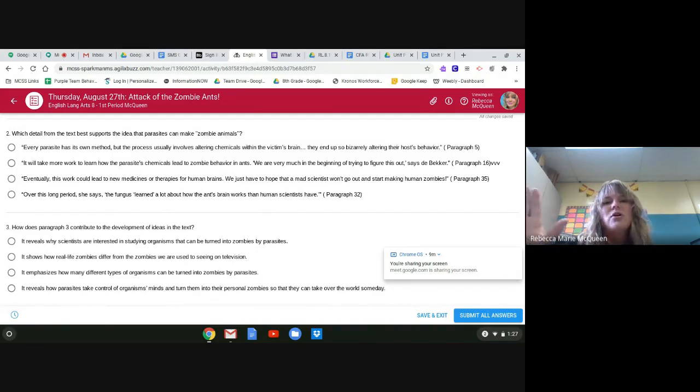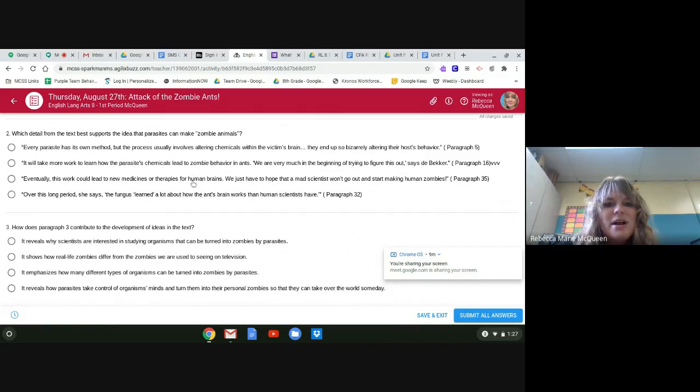So, good test-taking strategy, process of elimination. The question is asking you about the idea that all of these parasites can make zombie animals. So anything that has to do with ants, I mean, we talked about birds, fish, cockroaches, wasps, all kinds of nasty creatures. These two are not correct because that's just the ants.